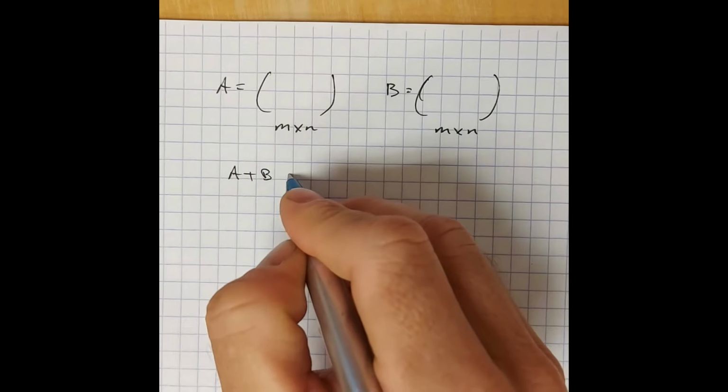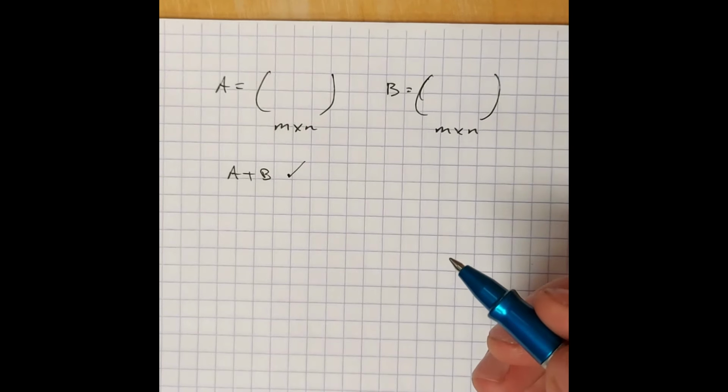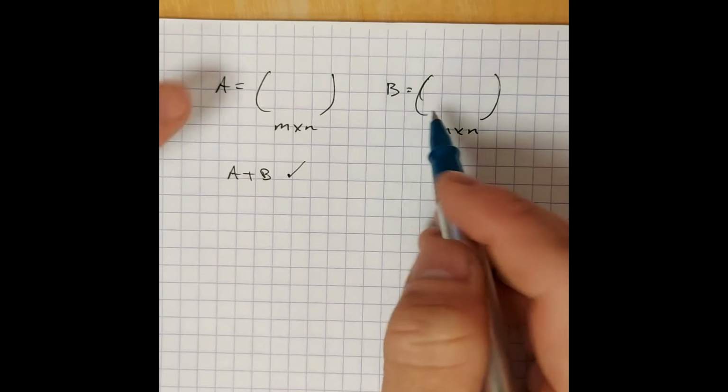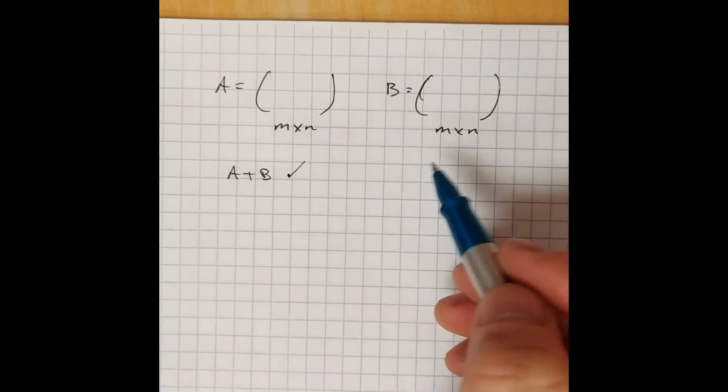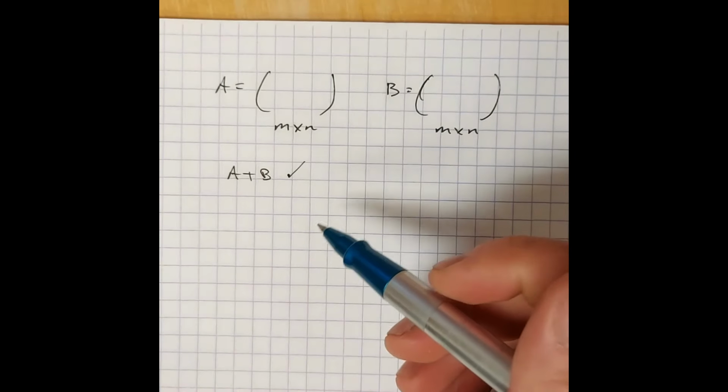is well defined matrix-wise. It's component-wise, so it is indeed closed. If we add two matrices of the same size together, we'll get a matrix of the same size because you're doing it element-wise.